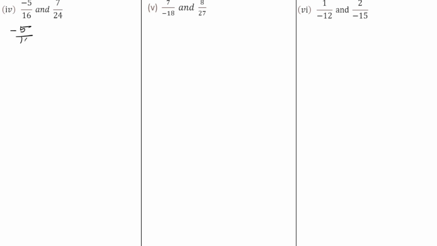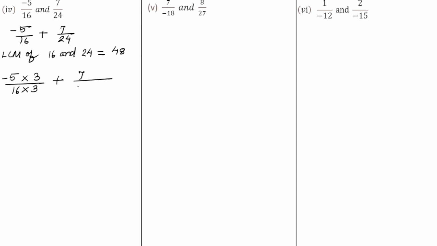Minus 5 by 16 is to be added with 7 by 24. Now take the LCM of 16 and 24. So we will be getting 48 as the LCM. Now take the first rational number and multiply both numerator and denominator by 3, as 16 into 3 is 48.